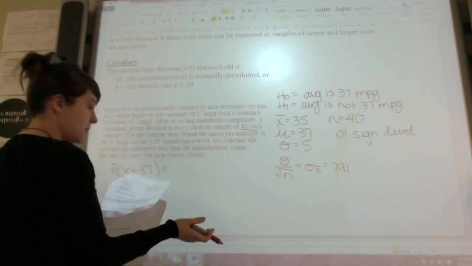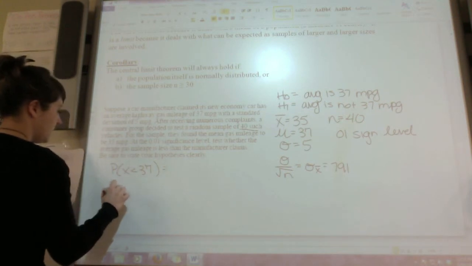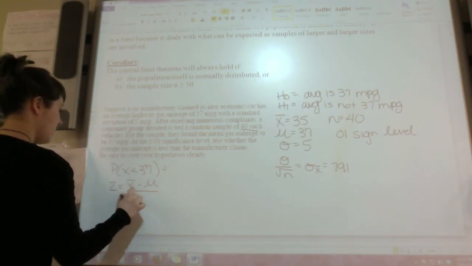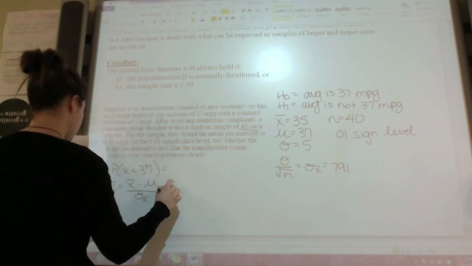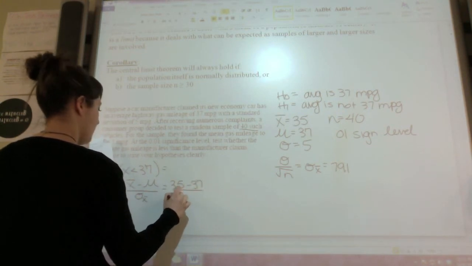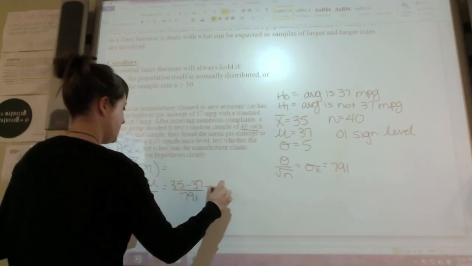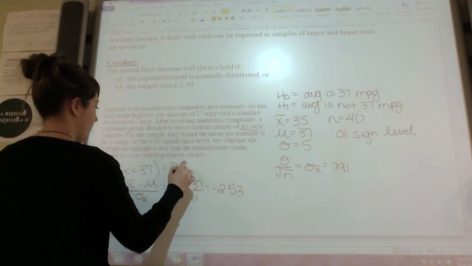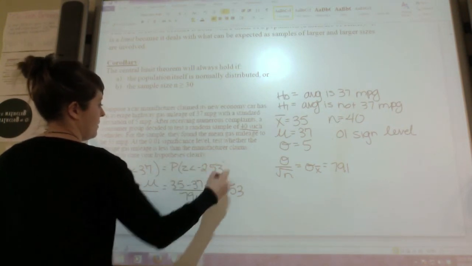So I'm going to standardize my data set. For z, I take my x bar minus my mu divided by my sigma x bar. So that's 35 minus 37 over 0.791, which gives me negative 2.53. So this is actually going to be the probability that z is less than negative 2.53.